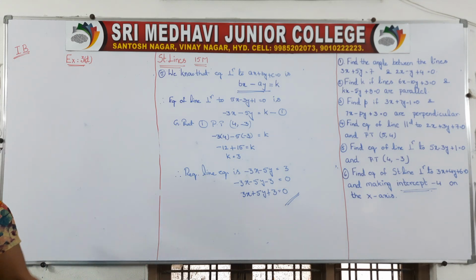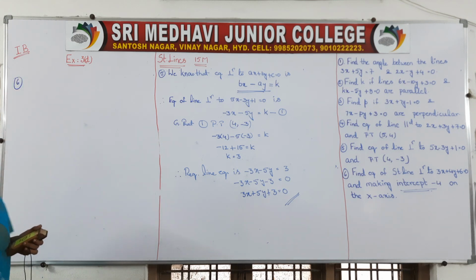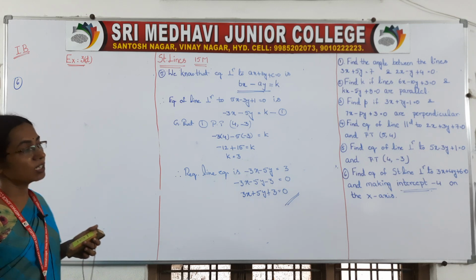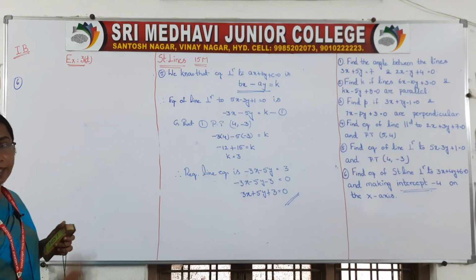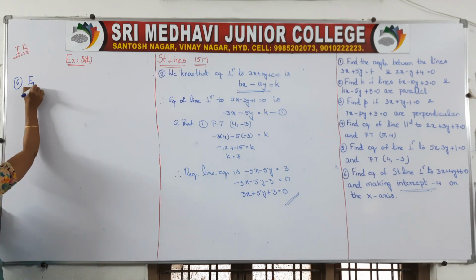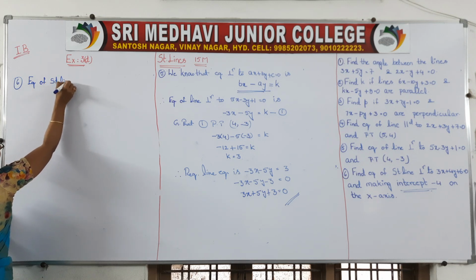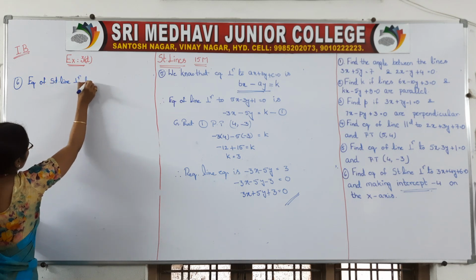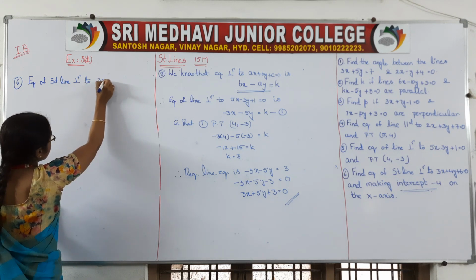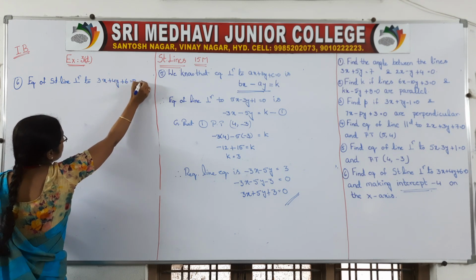So come on, now we will solve the sixth question. What is the sixth question? Find the equation of the straight line perpendicular to that. So first we need the perpendicular to that line equation. So come on, the equation of the straight line perpendicular to, which line do we have to take? 3x plus 4y plus 6 is equal to 0.